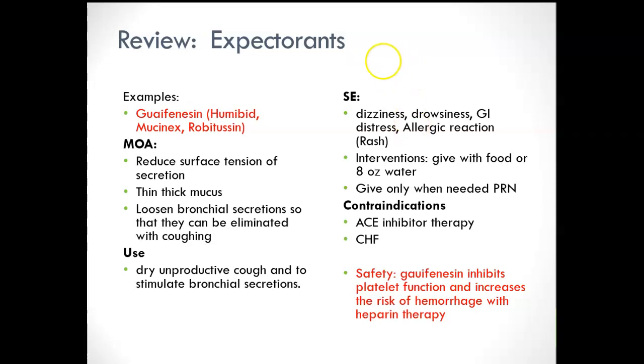And so it can cause dizziness, drowsiness, GI distress. You shouldn't be taking it all the time. It should only be taken for an acute problem. And then you should not take this drug if you're on ACE inhibitors or you have CHF. And again, guaifenesin inhibits platelet function, increases the risk of hemorrhage with heparin therapy.